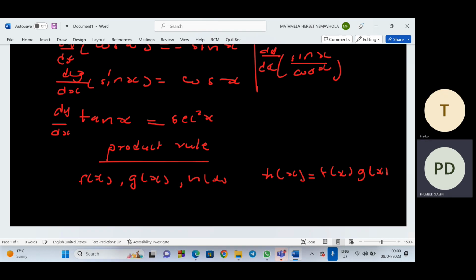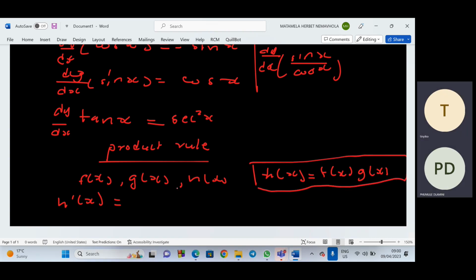This is a formula. When I want to find h prime x, which is the same as dy over dx, I will use the product rule.